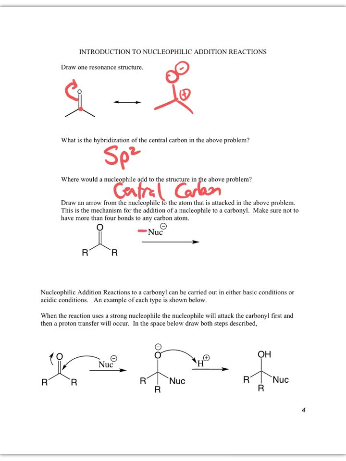So the nucleophile is just going to add to the carbonyl carbon, send the electrons up, and we're going to get this. And it doesn't matter what the nucleophile is, any good nucleophile will add to the carbonyl carbon. And then after we add it in, we need to work it up with acid to protonate the O- to give us the product.